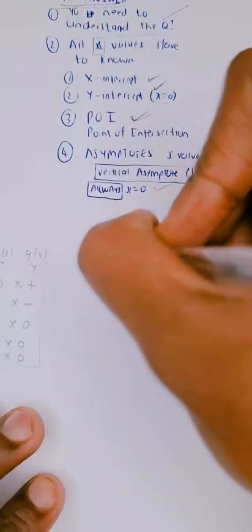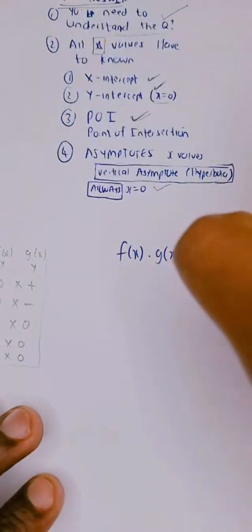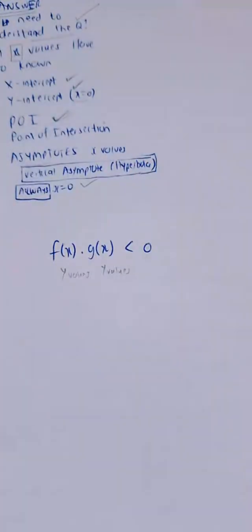I think whilst I'm still here, I do want to talk about f of x times g of x less than 0. If you ever get that one, less than 0, then guys, I'm sure you understand now. What are we looking at here? The y values. Which y values? The y values of g of x, the y values of f of x. What are we looking at? The product.